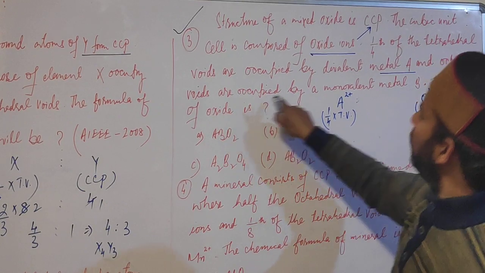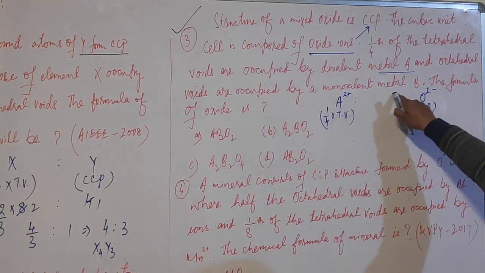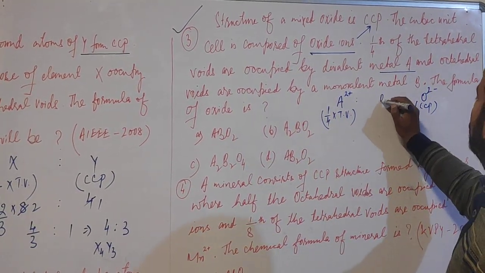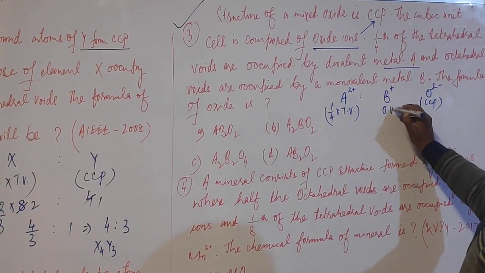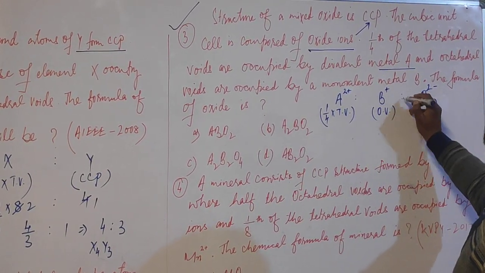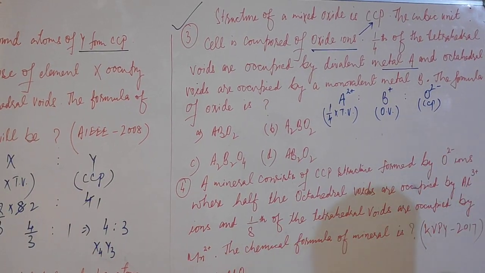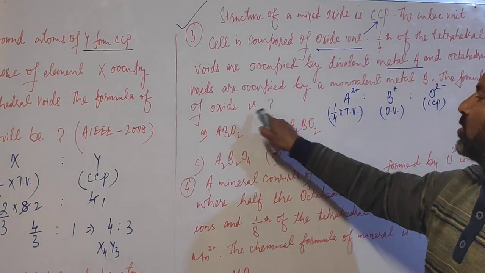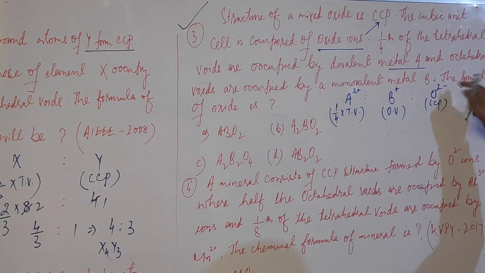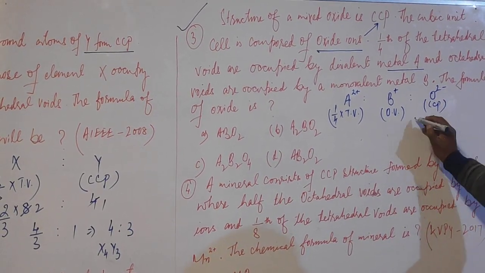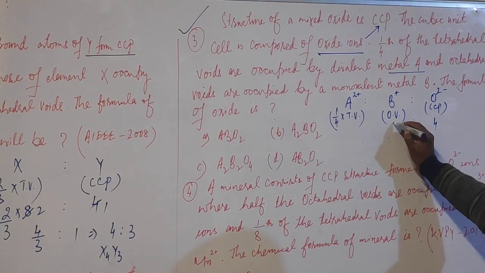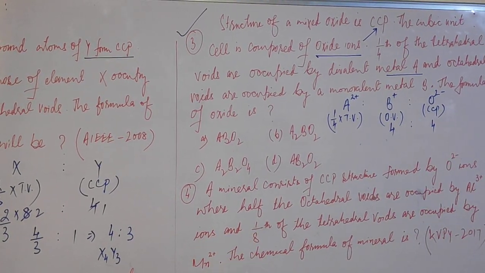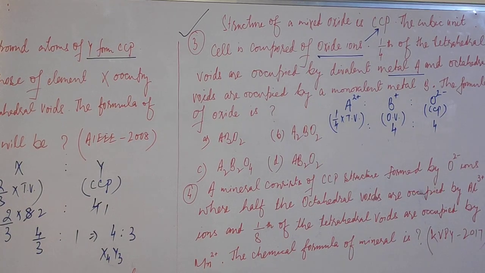And octahedral voids are occupied by a monovalent metal B. So we have a monovalent metal B occupying octahedral voids. Now the question is, the formula of oxide is. Now again students, oxide ions are in CCP, that means there are 4 oxide ions per unit cell. B ions are occupying octahedral voids, that means there are B1 positive ions. How many? 4.